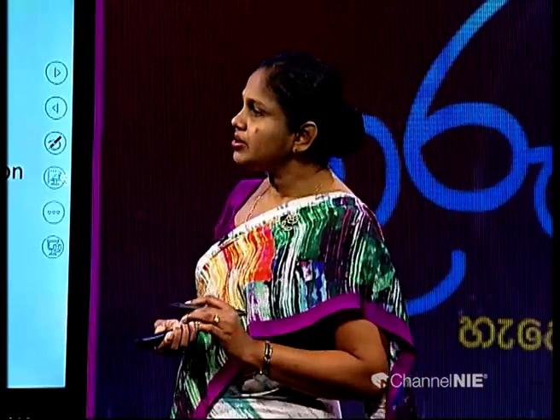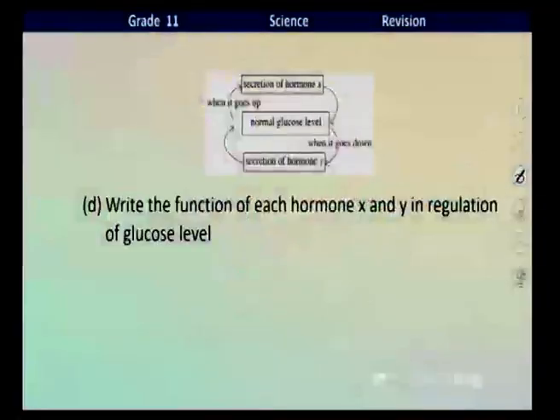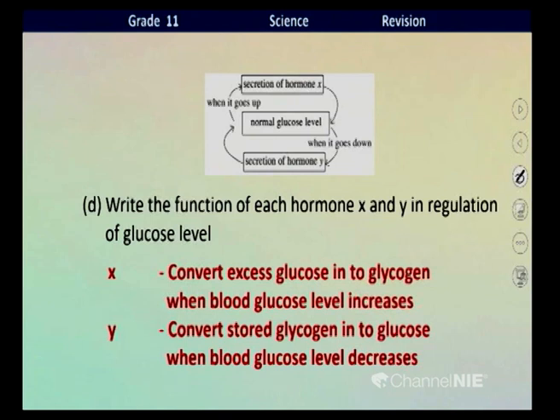Write the function of each hormone X and Y in regulation of blood glucose level, children. As I told you, X is insulin. X converts excess glucose into glycogen when the blood glucose level increases above the normal level.